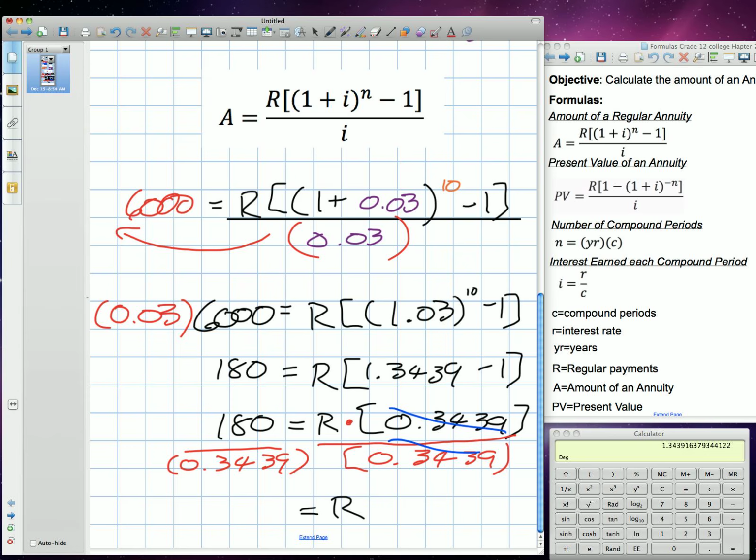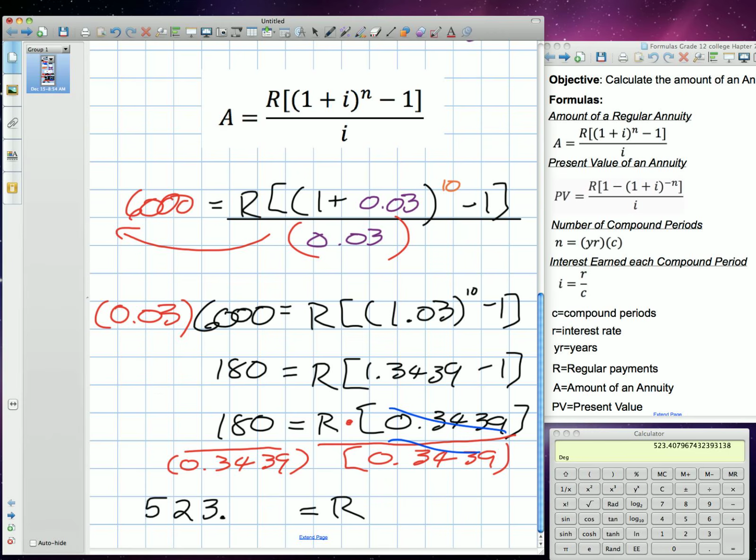R is equal to 180 divided by 0.3439 and 523.38. All right, 523.